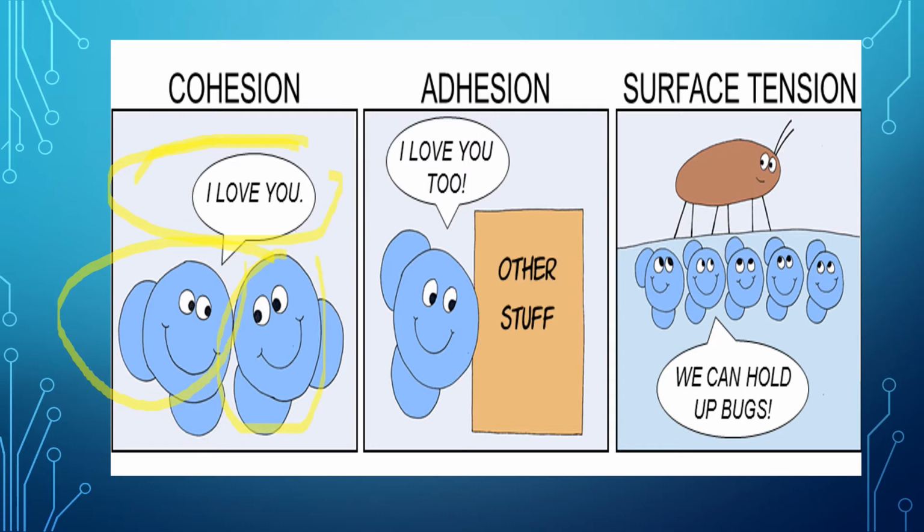So it means it is a molecules that attracted to each other, diba? Attracted to each other, parehas molecule to molecule, that is under cohesion. And when it is an adhesion, it is a molecule that is attracted to its other stuff. So that's the difference of cohesion and adhesion.